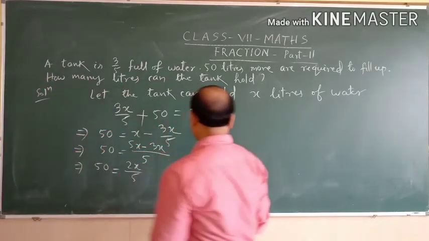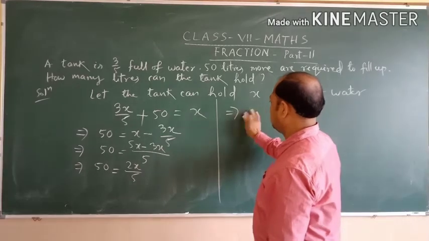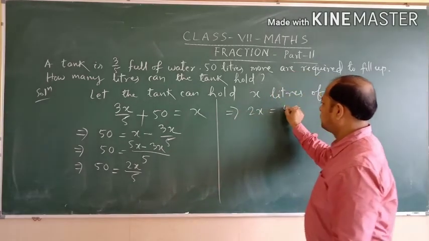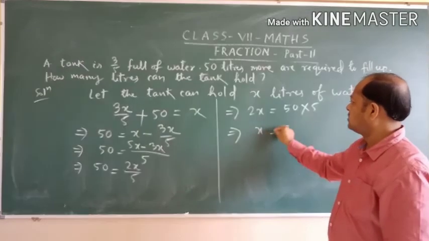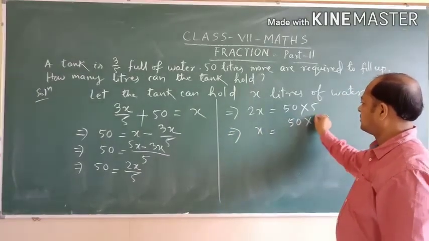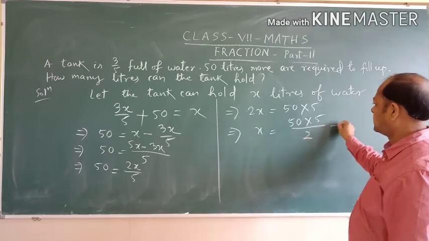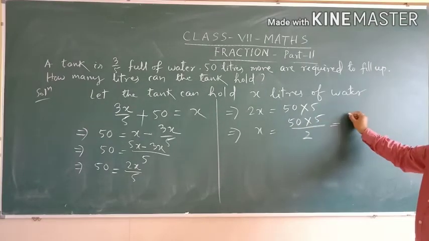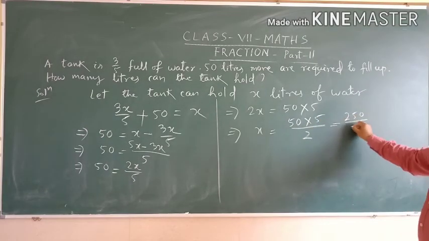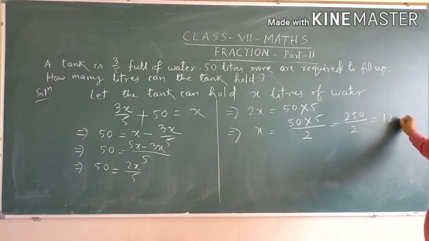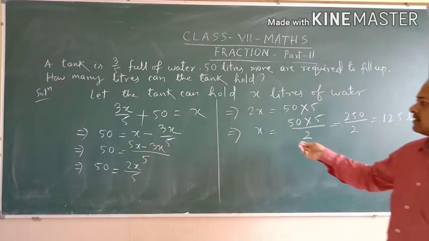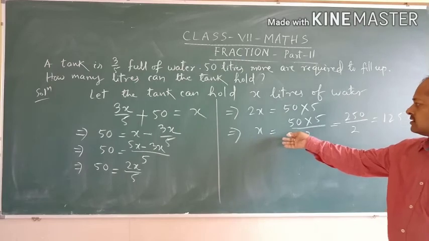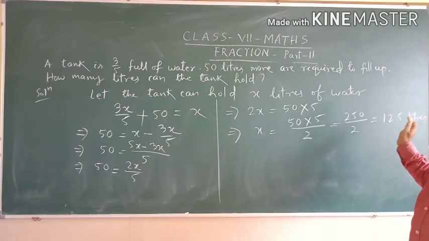Or 2x equals 50 into 5, or x equals 50 into 5 upon 2, that is 250 upon 2, which equals 125. What is 125? 125 liters of water. So after finding the solution of x, the answer will be 125 liters of water.